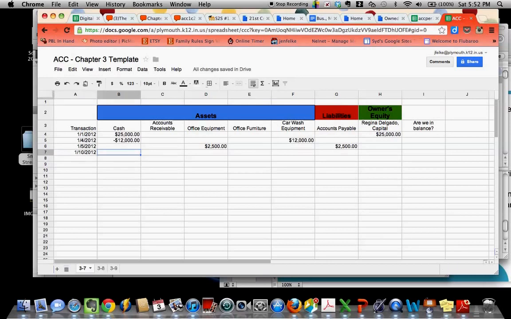We wrote a check for the monthly rent of $800. Okay, so what is rent? Rent is an expense. Okay, so is an expense any part of assets? No. Is it a liability? No. An expense is something that affects owner's equity. An expense makes owner's equity go down. Okay, it's a bad thing.